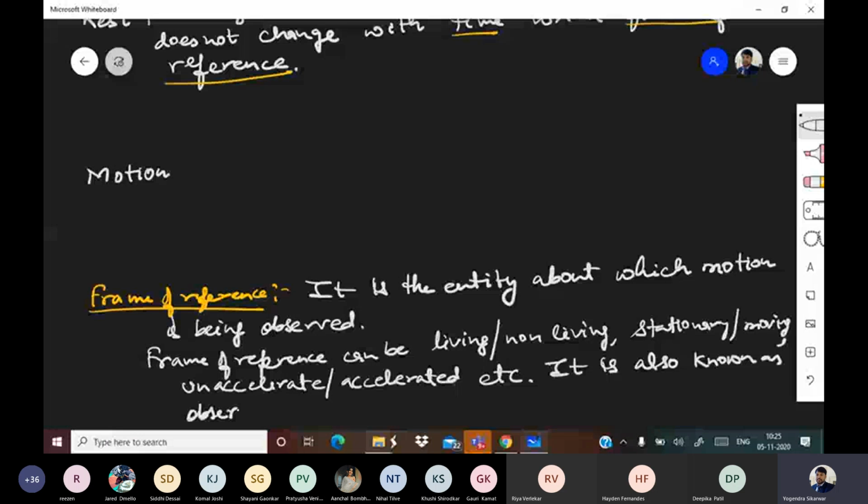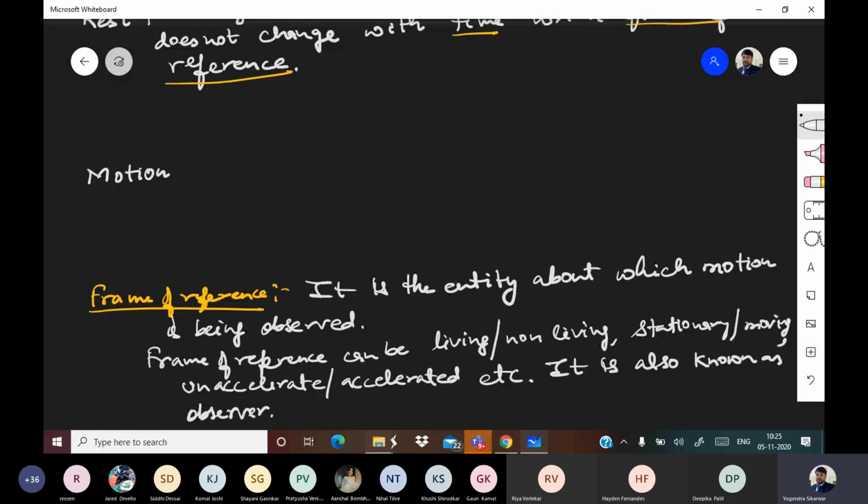So we get a feeling of a living object or like some CCTV. But there is nothing called observing. It can be non-living also. So frame of reference is a more technical term as compared to observer. But yes, observer is also often used. All right. Okay. So this was the second term.